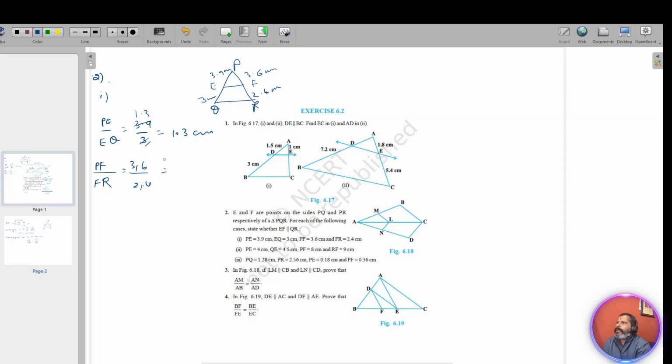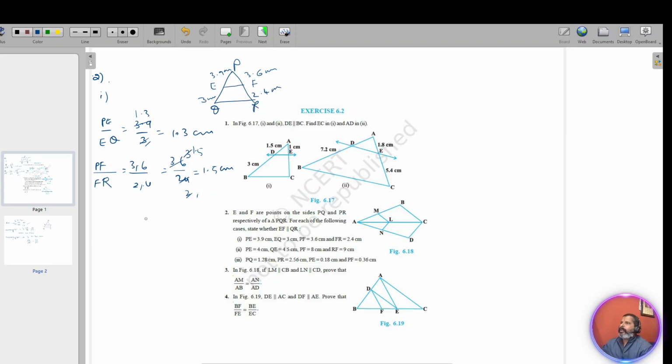Cancel the decimal places. It becomes 36 by 24. If you cancel this 36 by 24, how much does it come to? 12 twos are 24, 12 threes are 36, so 3 by 2, which is 1.5.